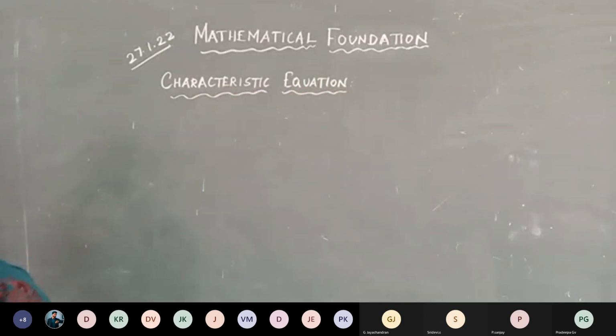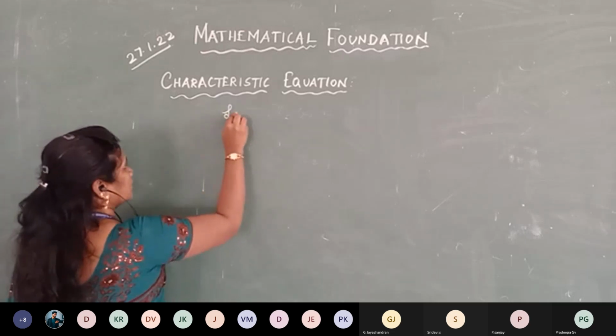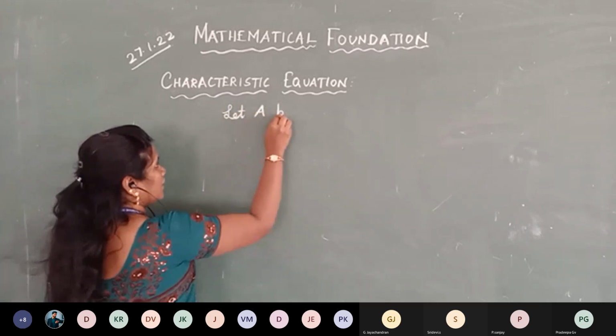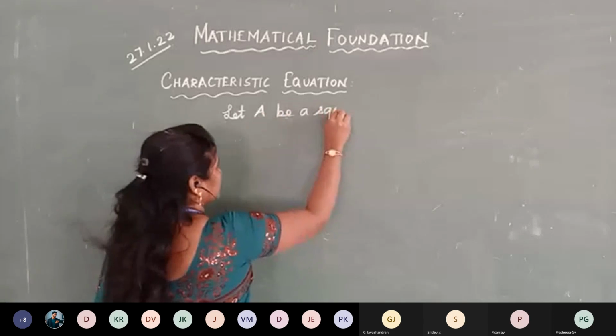Characteristic equation. Let A be a square matrix.